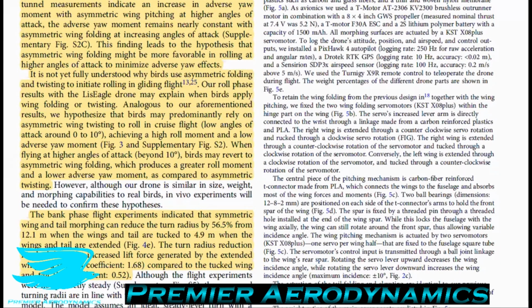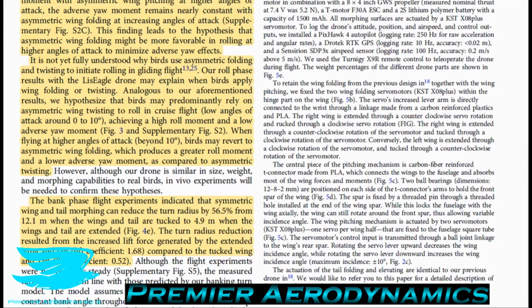The bank phase flight experiments indicate that symmetric wing and tail morphing can reduce the turn radius by 56.5%, from 12.1 meters to 4.9 meters, when the wings and the tail are completely extended. The turn radius reduction resulted from the increased lift force generated by the extended wing and tail.